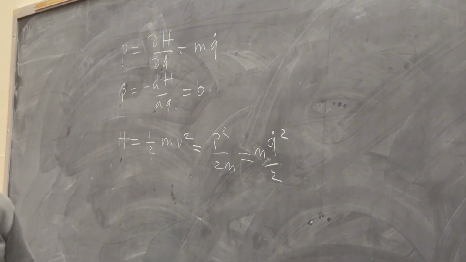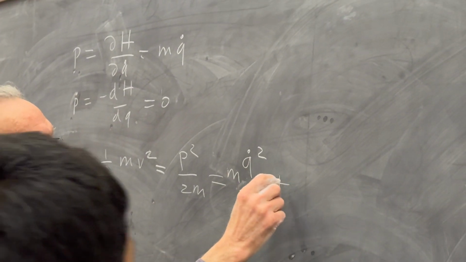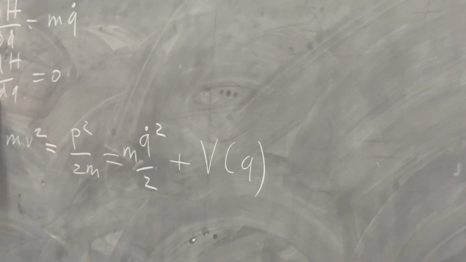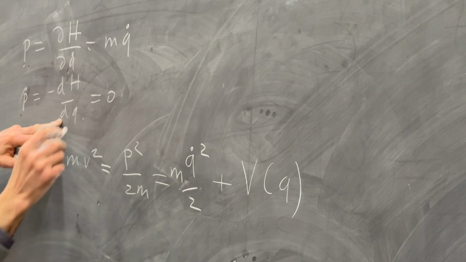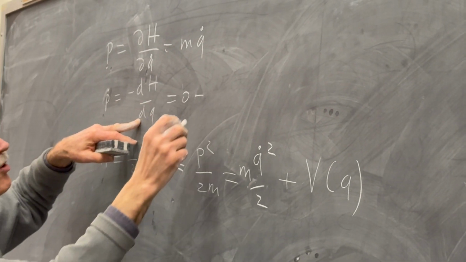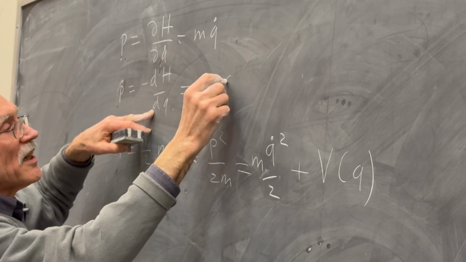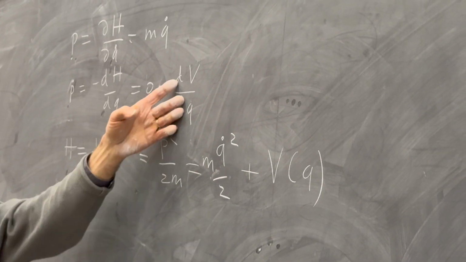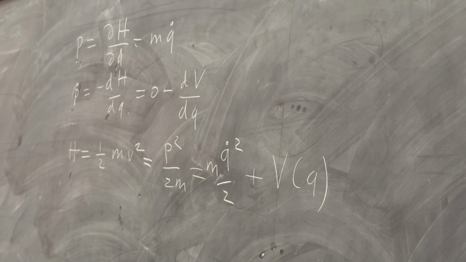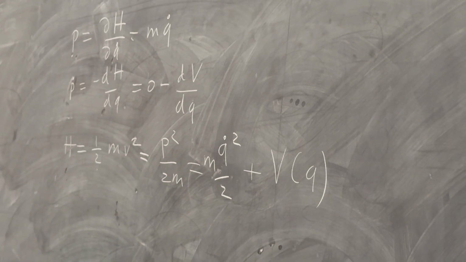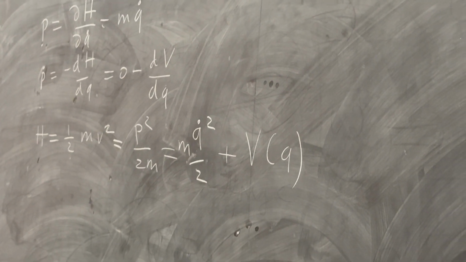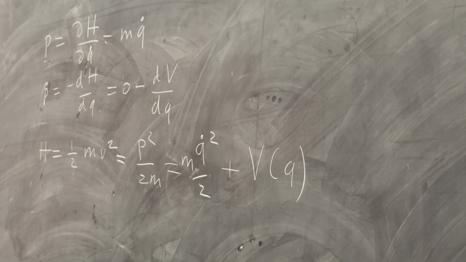If there's a potential energy V of q, then this is not equal to 0. Then there's an extra term, minus dV dq, and this is the force. So the change in momentum is equal to the force. I see, so these are Hamiltonian equations of motion.